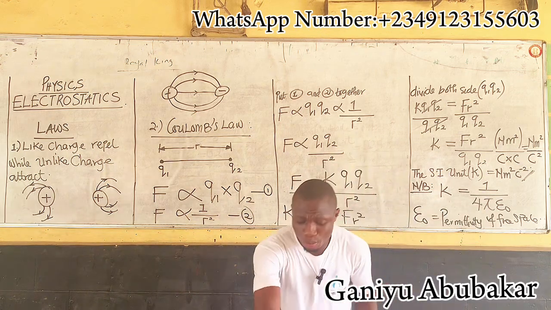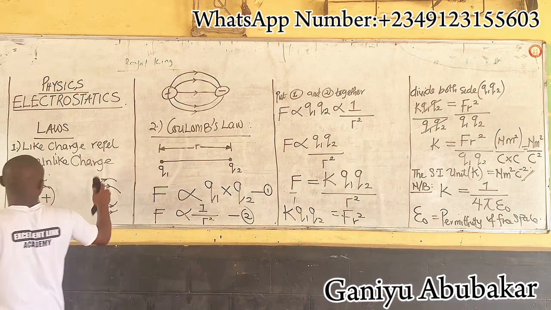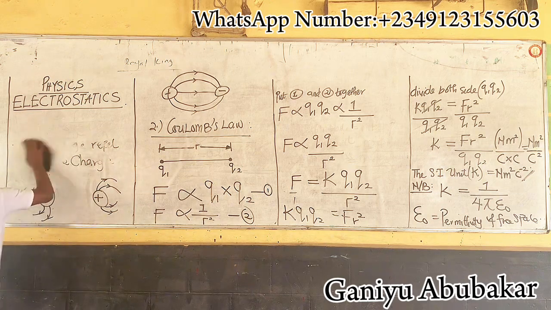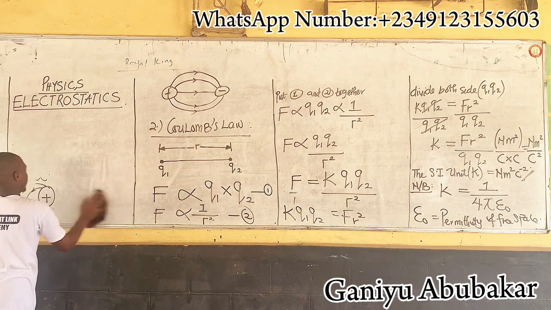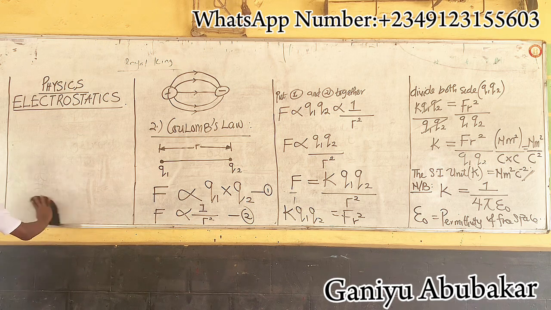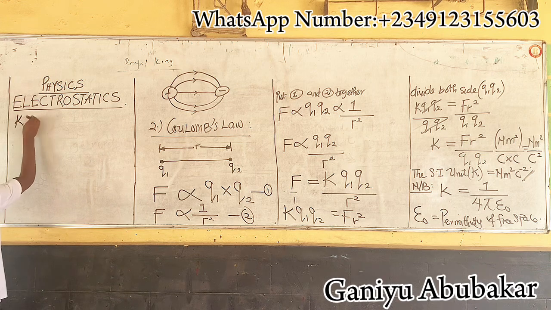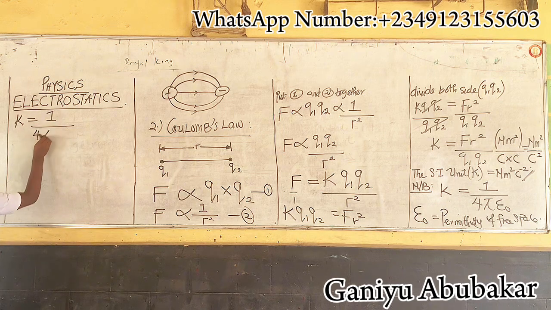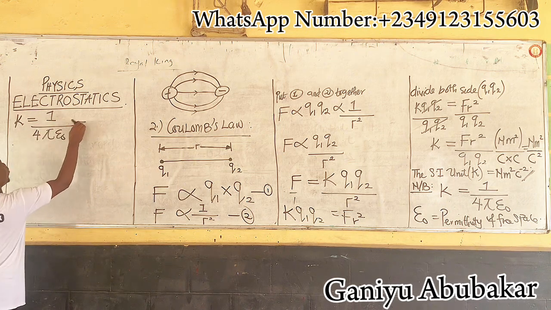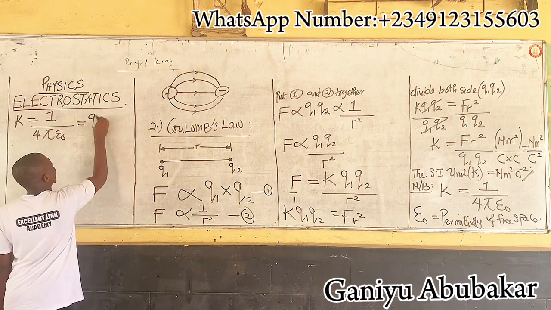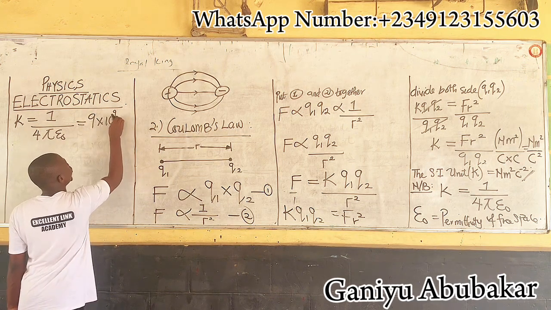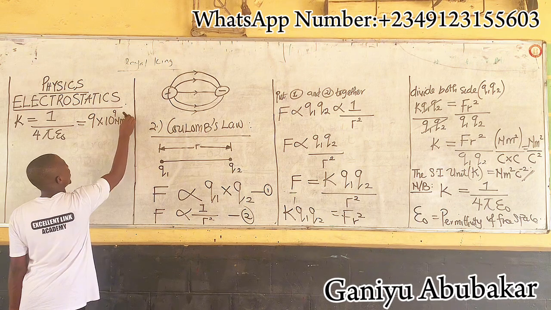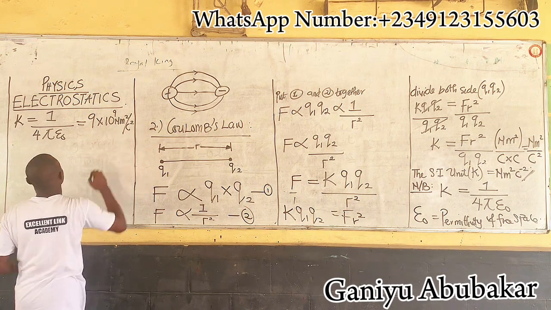And also, let's move down a bit. This value that we said K should be equal to, 1 over 4 pi E naught, can also be expressed as 9 times 10 to the power 9 Newton meter squared per Coulomb squared.